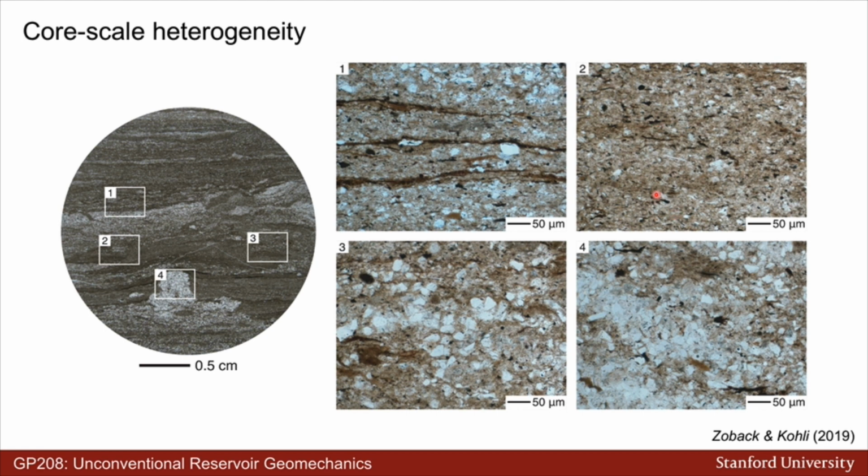In area 3, we have, again, smaller lenses and isolated deposits of organic matter, but the rock matrix is mostly composed of these sand to silt-sized grains of quartz. And in area 4, we have a very similar texture, but with even more quartz and less of the clay-rich matrix. So you can see that even within the scale of centimeters or below, it's possible to have strong heterogeneity of both composition and also microstructure within these rocks.